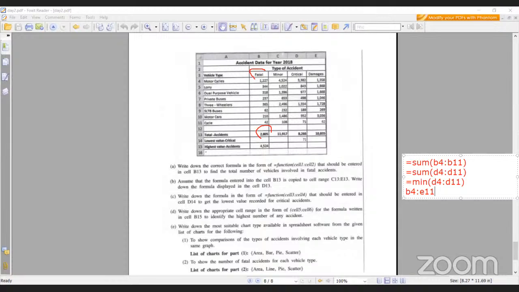That time, equal MAX within brackets B4 to E11. Even if you give it this way, you get marks.